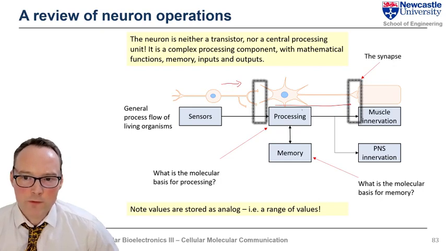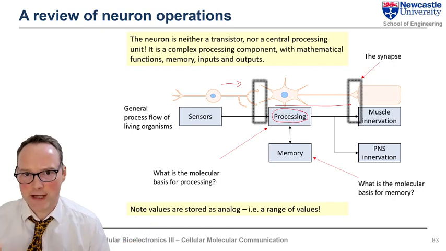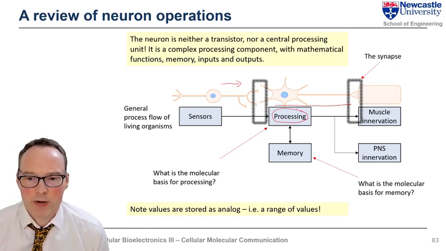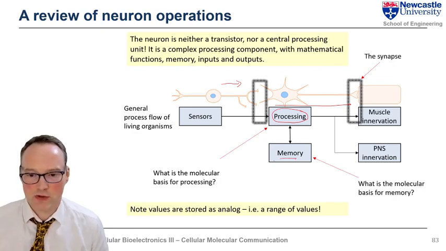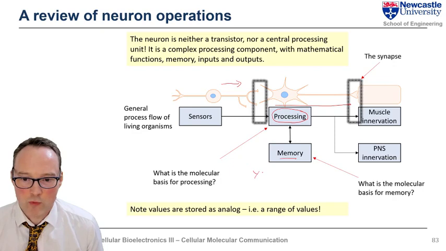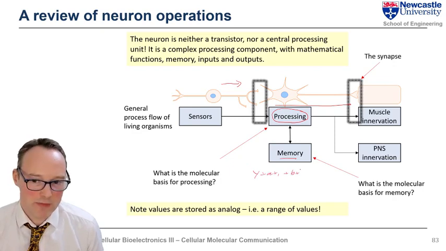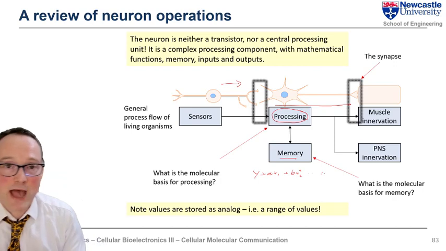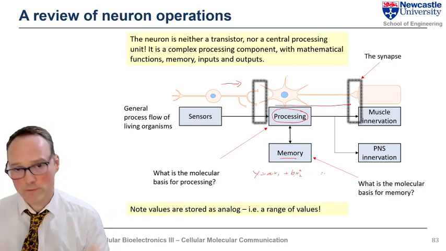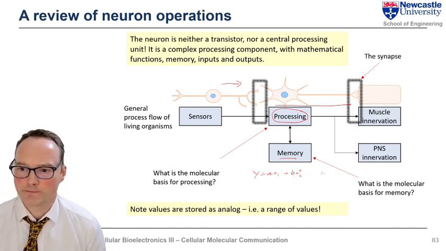It will perform some kind of processing function, and typically this is a summation function. But in order to perform the process properly, it needs some memory. As we described before, where y is equal to ax1 plus bx2 squared, etc., each one of those inputs has to have a certain weighting, which could be considered a memory.